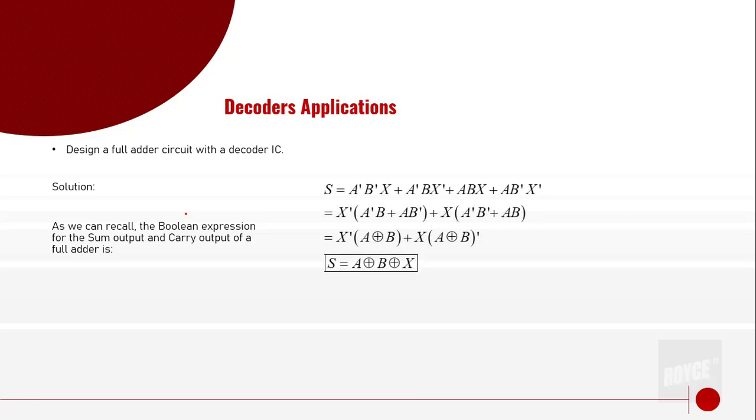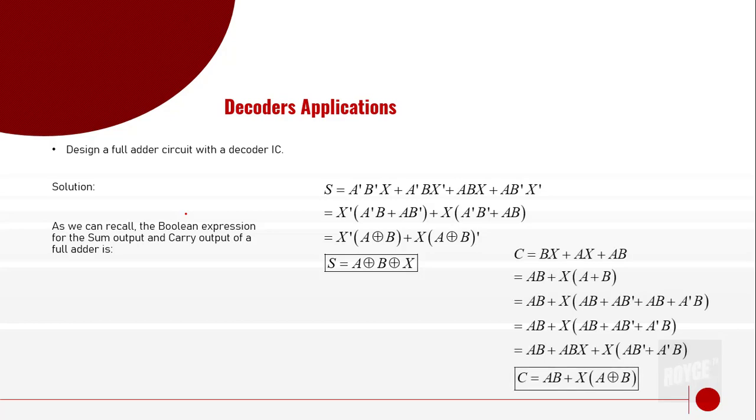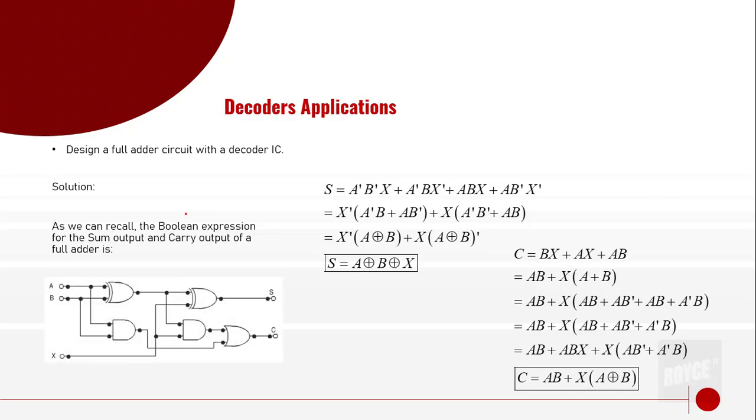Diba? So kung maaalala nyo, yung expression for the sum and the carry output are this. Ito yung nakuha natin sa previous discussions natin. And as you can recall, our circuit for a full adder is ito.